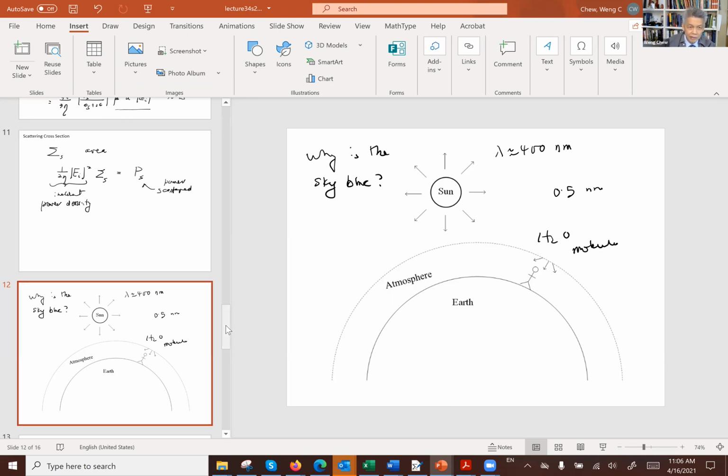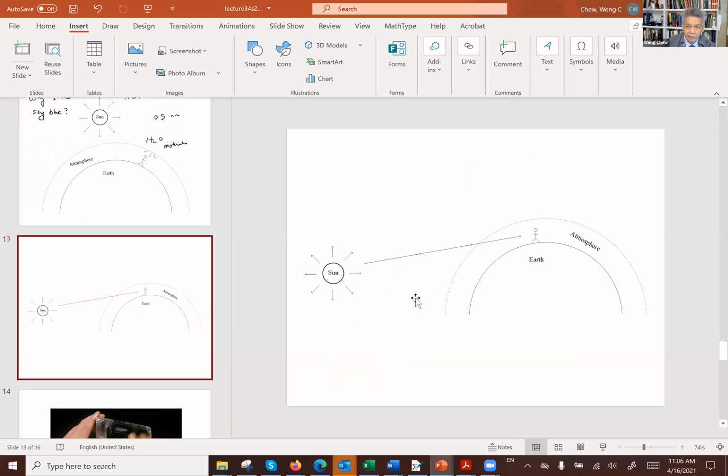And then we have to explain why the sunset is red. Again, the same thing applies here. When the sun is very low on the horizon, and you observe the sunset, the sun ray has to go through a thicker atmosphere. So by the time the light ray reaches your eyes, all the high frequency components have been scattered away.